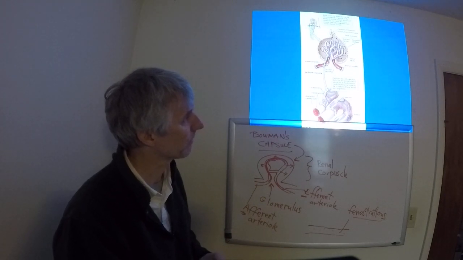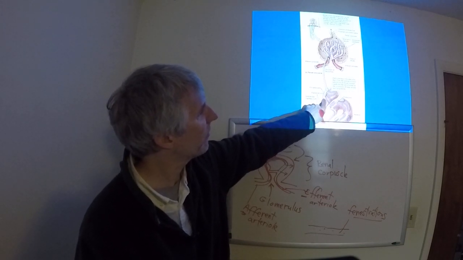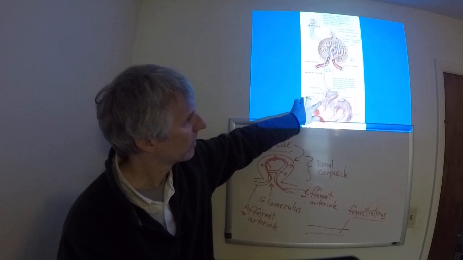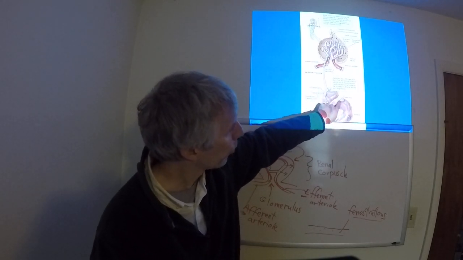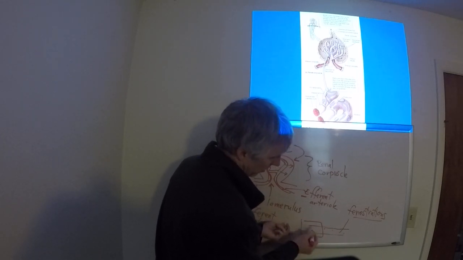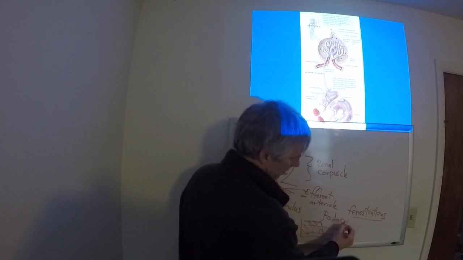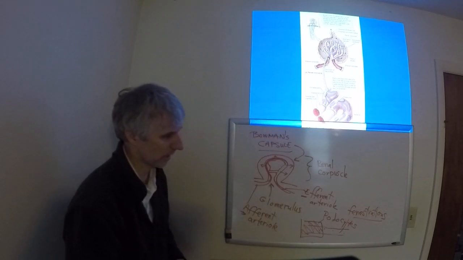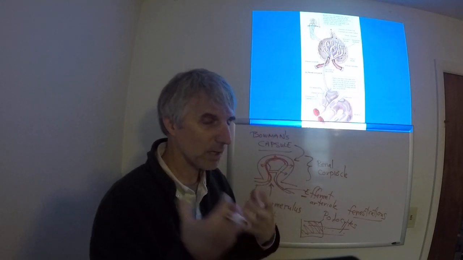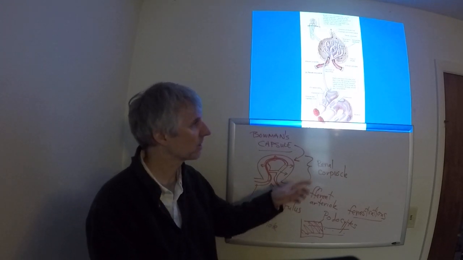Okay? All right. Now, laying over the top of these fenestrated arterioles are these weird modified cells called podocytes. These podocytes also have fenestrations, but they're not windows, they're more slits.